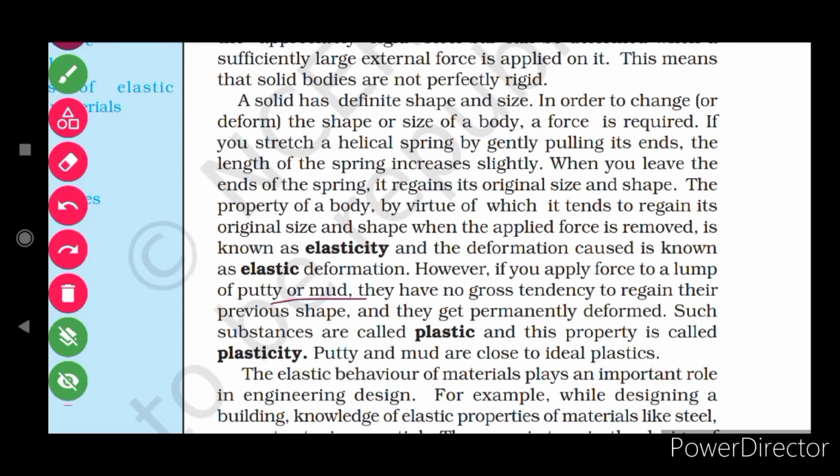So this property, by which they are permanently deformed, is called plasticity. These are two opposite terms, elasticity and plasticity. Steel and a rubber band have elasticity, while putty and mud have plasticity. They are plastic bodies.